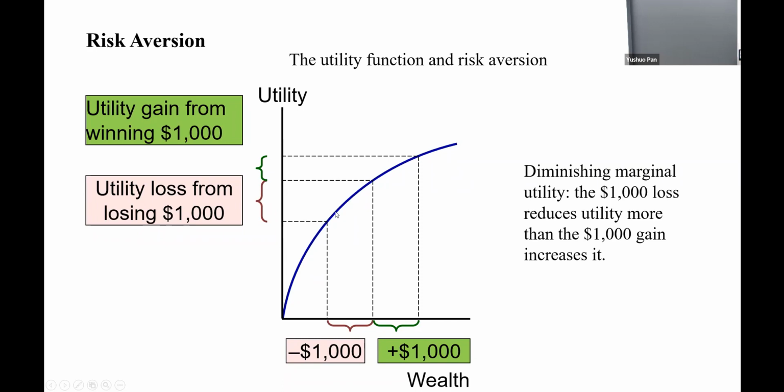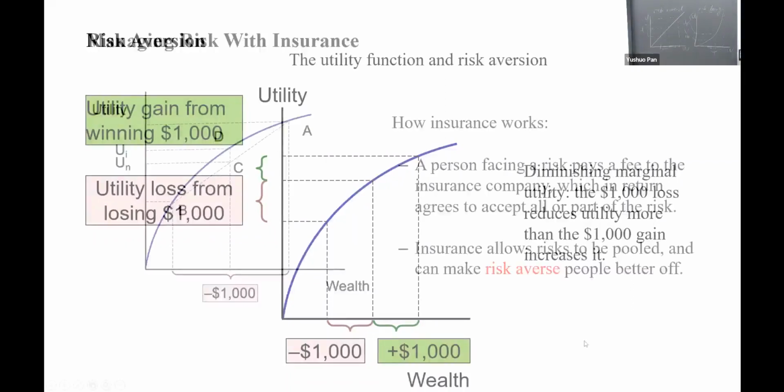When they lose the same amount of wealth, the utility decrease is bigger than the utility gain if you earn the same amount of money. That explains risk aversion.